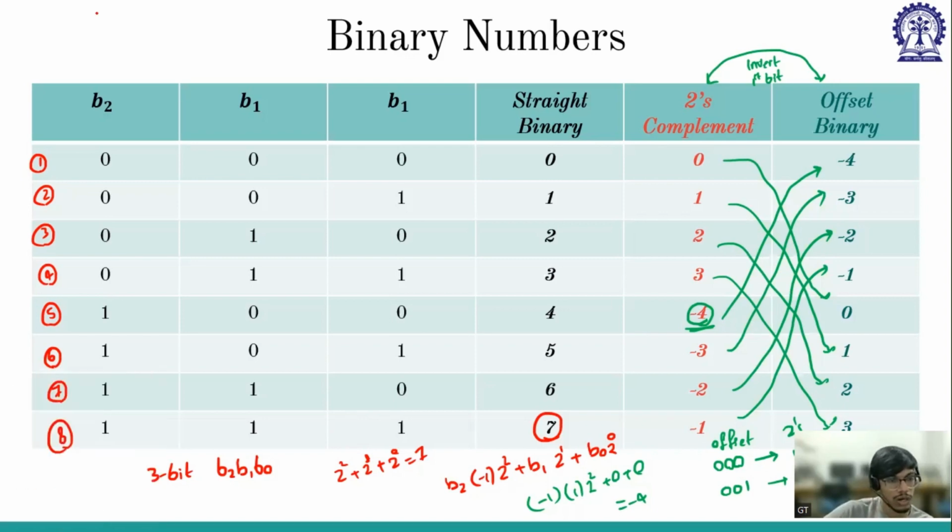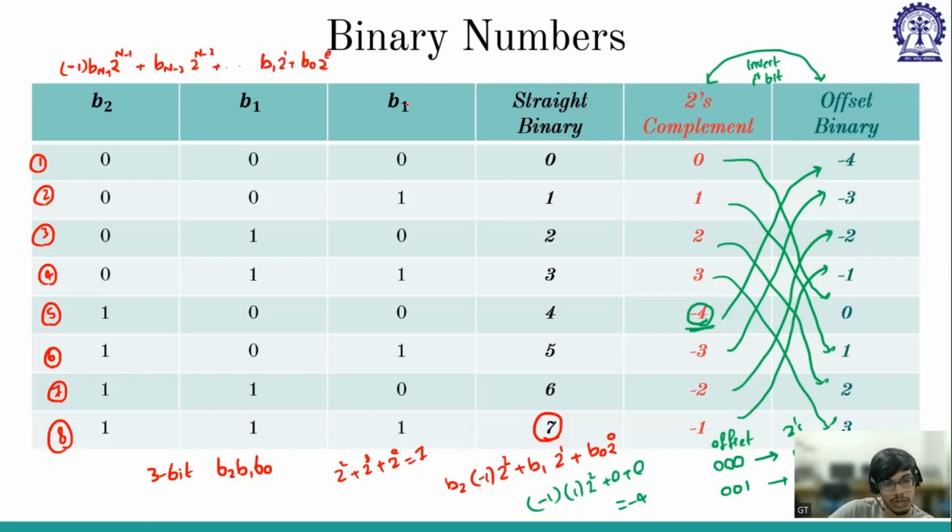It is like this: minus 1 into Bn minus 1 into 2 to the power n minus 1, plus Bn minus 2 into 2 to the power n minus 2, plus so on, up to B1 into 2 to the power 1, B0 into 2 to the power 0.